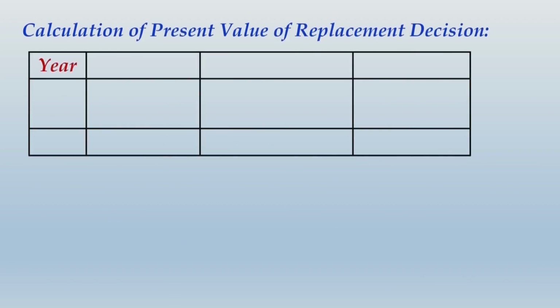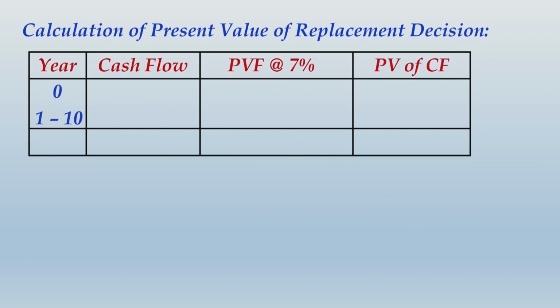So now what you do is simply compute the present value of replacement decision, and here the cash flows that we consider will be the cash flows arising at 0 year and cash flows arising on recurring basis from year 1 to 10. These cash flows are negative 8,60,000 and positive 2,78,500. PV factors for 0 year will be 1, and for year 1 to 10 at 7% discounting rate it will be annuity factor of 7.023582.